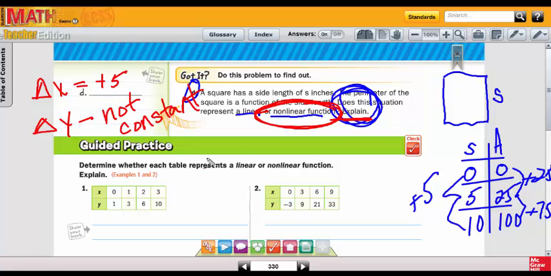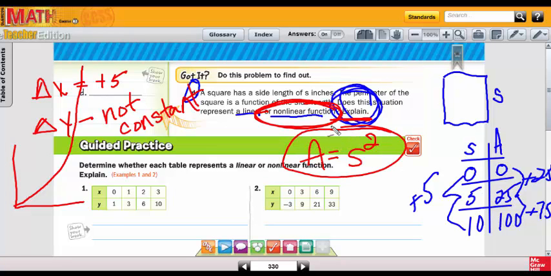This is the one we graphed earlier, where if you think about it, it would keep rising quicker and quicker and quicker, because this equation is a equals s squared, which is clearly not a linear function because we have an exponent here. We'll learn more about that later. Please do guided practice.